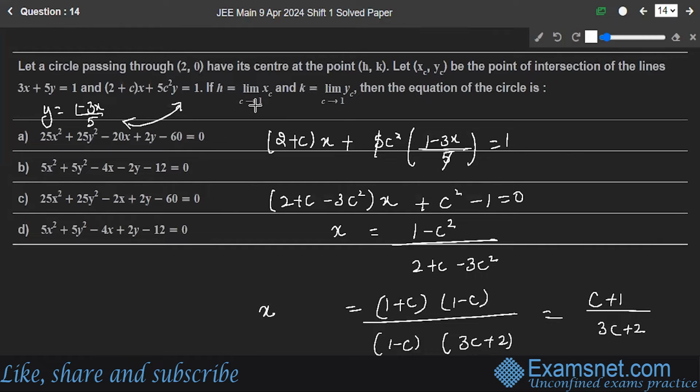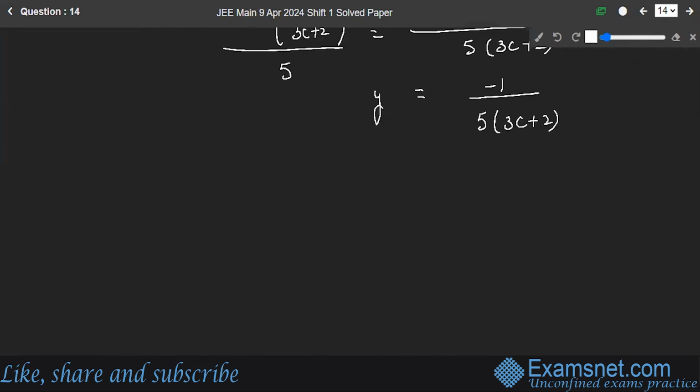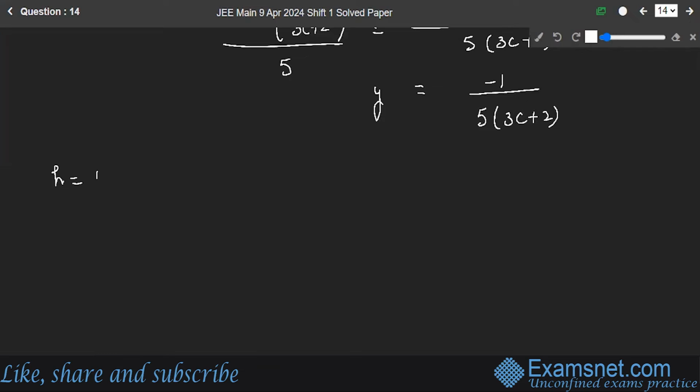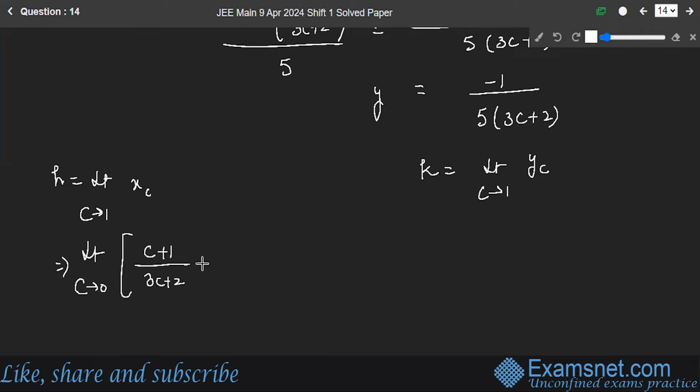And you are given that H is equal to limit C approaching 1 of X_C, and K is equal to limit C approaching 1 of Y_C. So this is equal to limit C approaching 1 of X_C, which was equal to (C plus 1) upon (3C plus 2).